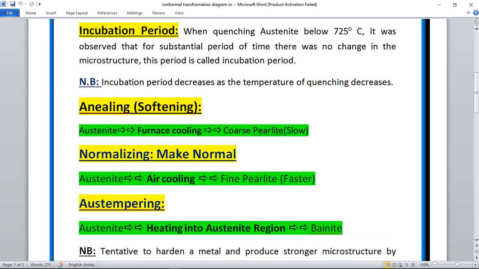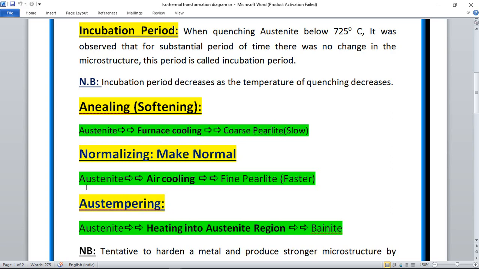Then what is normalizing? A simple way to remember: normalizing means make normal. There is no need of an oven or furnace for cooling. Gamma austenite is directly transformed into fine pearlite, whose grain is very fine, by air cooling. We do not need any furnace cooling or oven cooling like annealing.